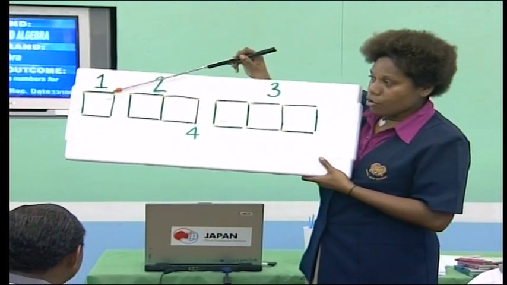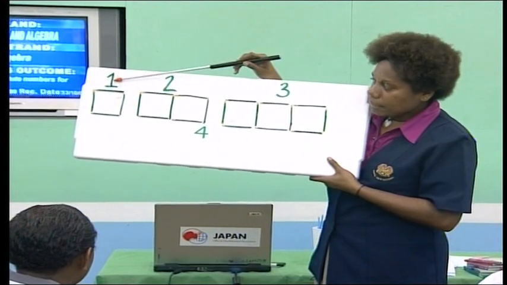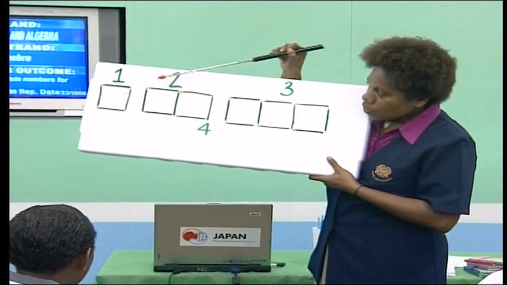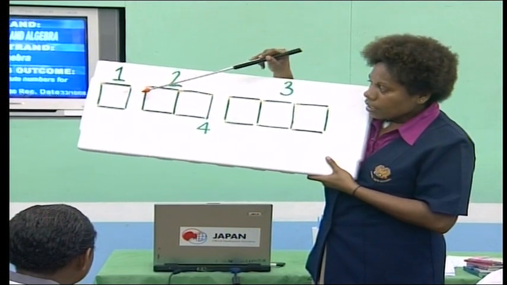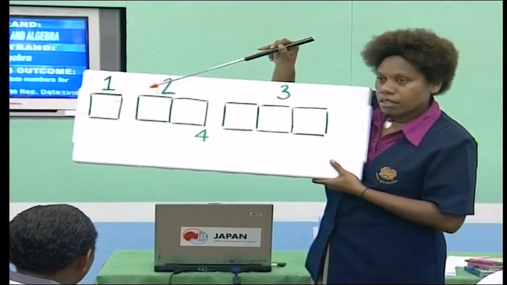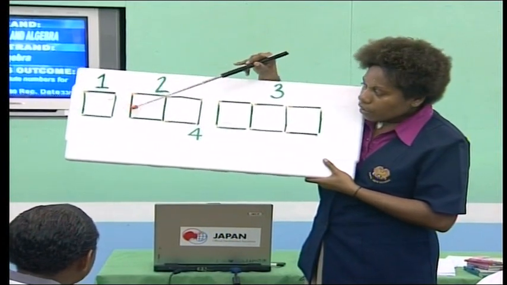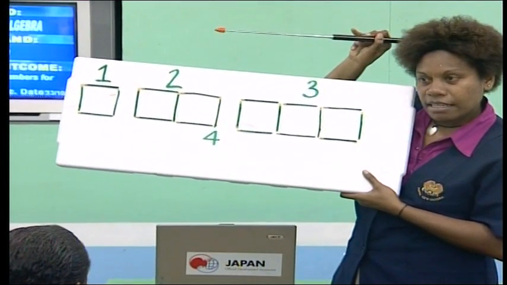We start off with 4. 4 for 1 square, and then 2 squares. How many sticks altogether? 1, 2, 3, 4, 5, 6, 7.